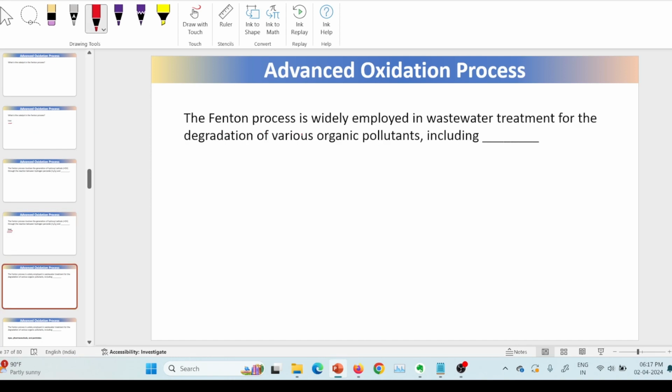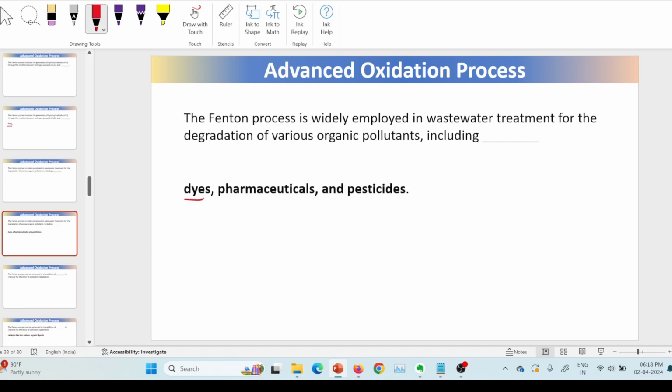The Fenton process is widely employed in wastewater treatment for the degradation of various organic pollutants including dyes, pharmaceuticals, and pesticides.